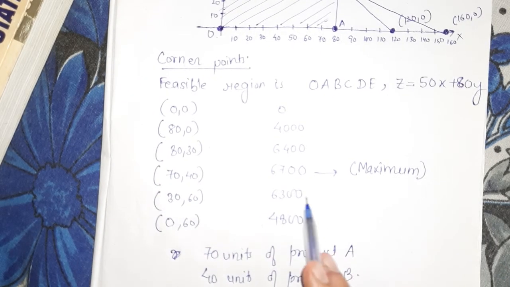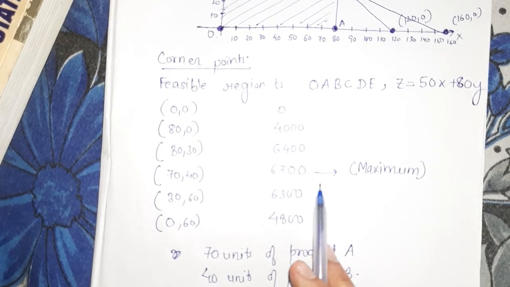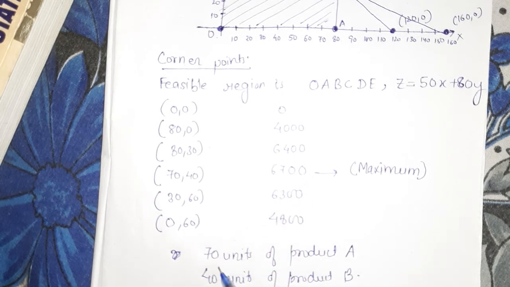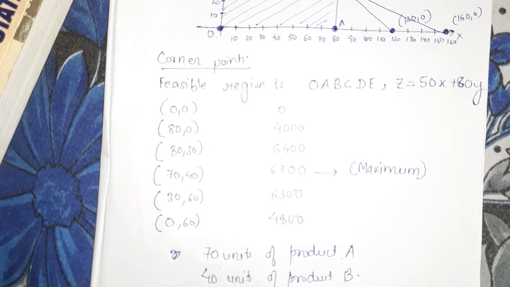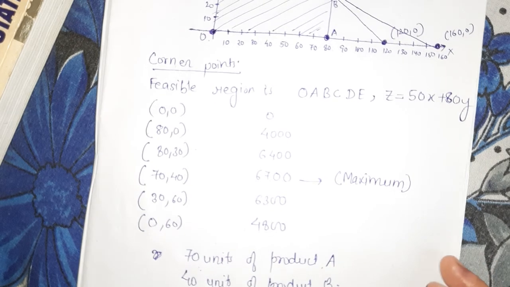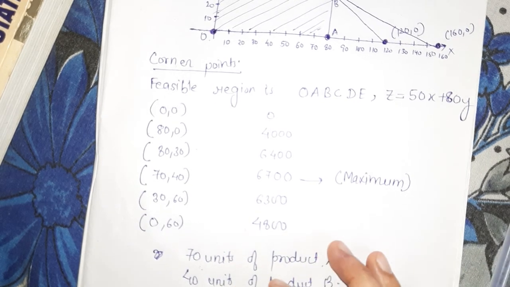And your maximum profit is rupees 6700. This is the maximum profit. You produce 70 units, you are limited to 80. Your limited production is 80 for product A and 60 for product B. So this also satisfies. So this is the result we get.